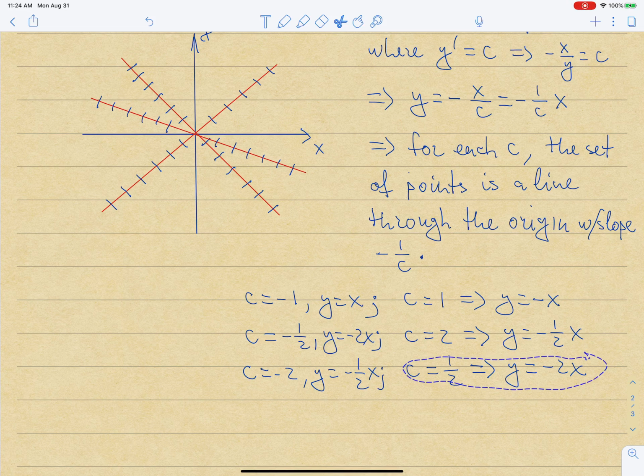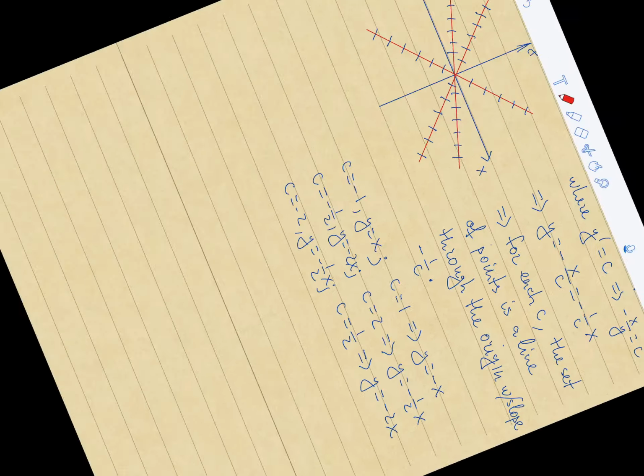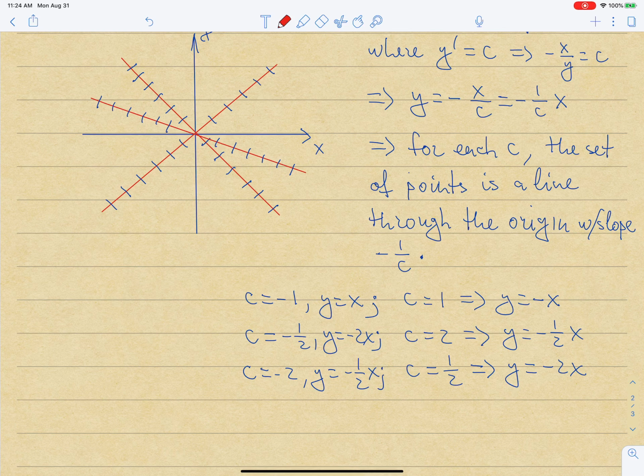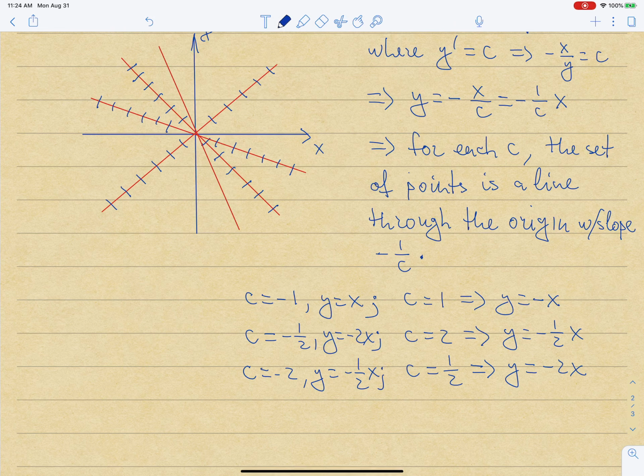So y equal to minus 2x will have a slope which is larger than 1. So it is as follows. And then everywhere on that line, my direction field is perpendicular to this line. So it is like that.